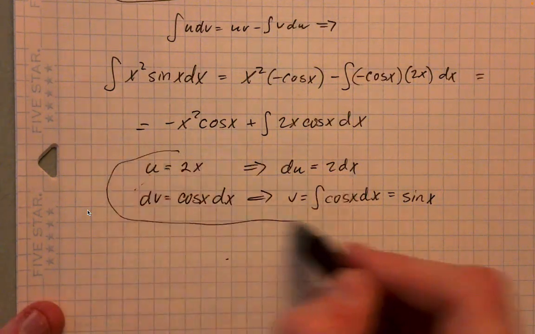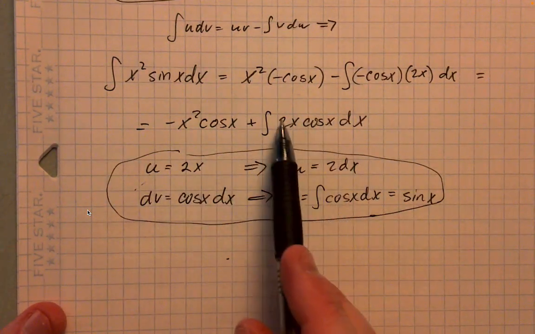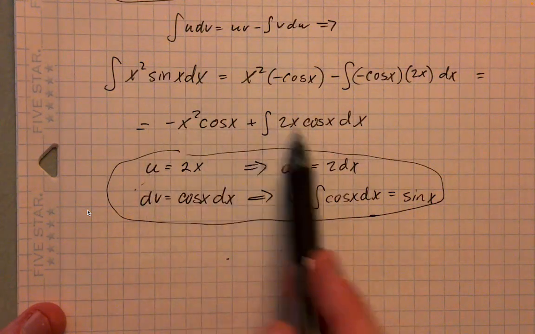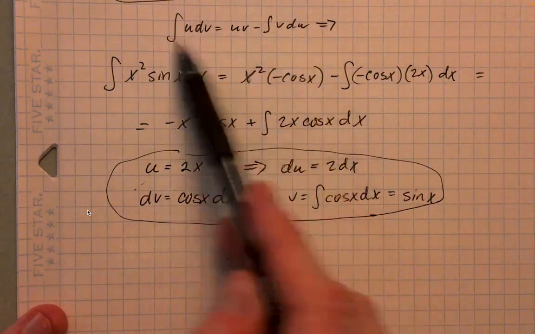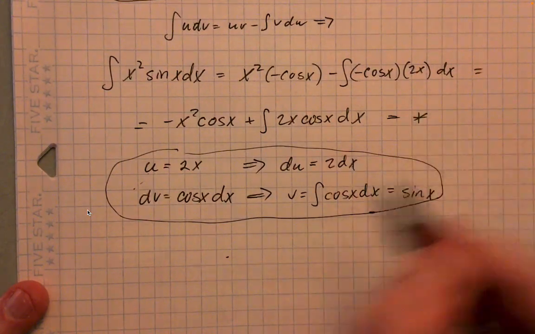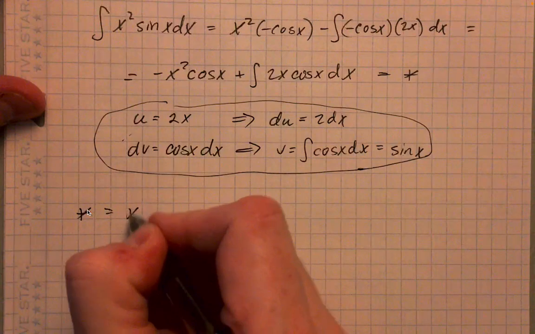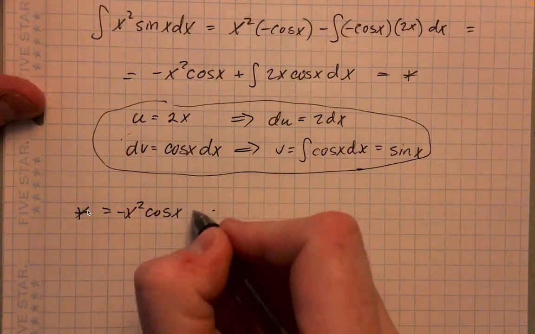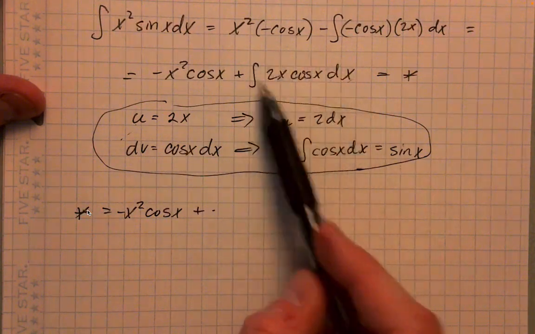Okay, so here's our second integration by parts. We're just going to plug the formula into this piece of the integrand. We're going to bring this along for the ride and then just expand this using the integration by parts. And so that means we've got negative x squared cos x, plus, now this is the integral of u dv, right?